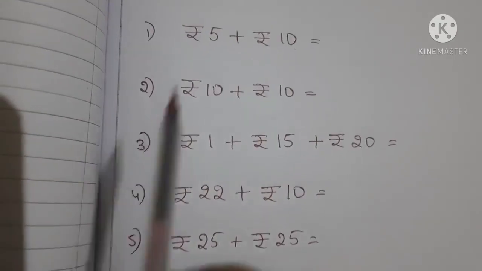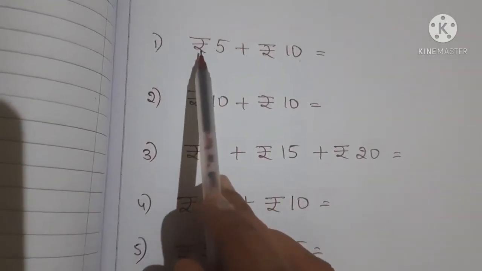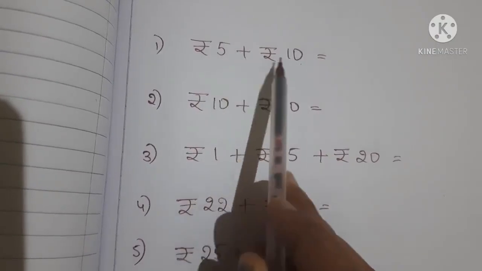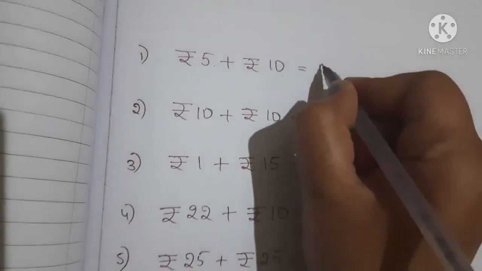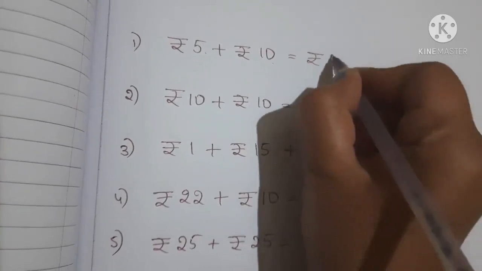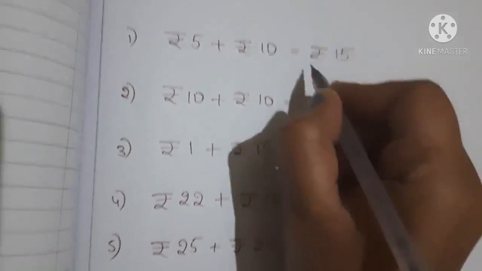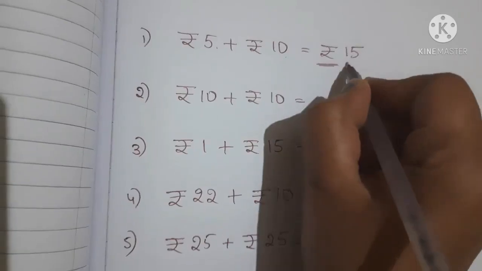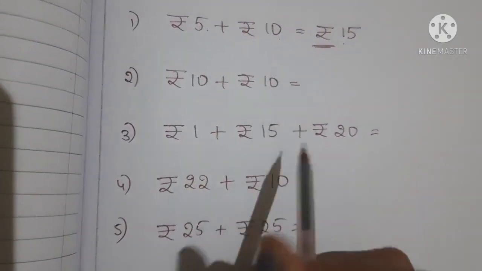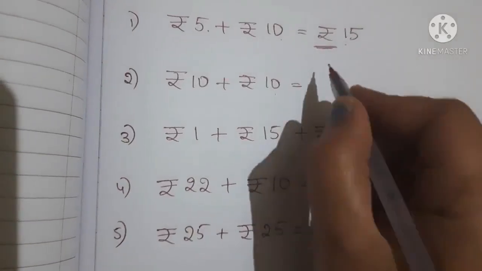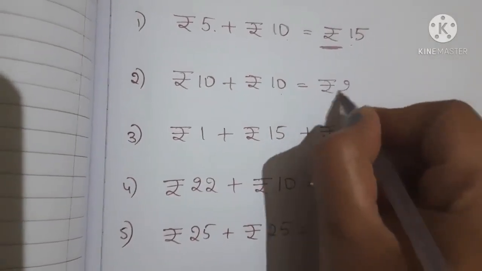Now, let us practice some additions here. Rupees 5 plus rupees 10 is how much? 10 plus 5 is 15. Rupees 15. You should never forget to write this symbol before the number. Rupees 10 plus rupees 10 is how much? 10 plus 10, rupees 20.